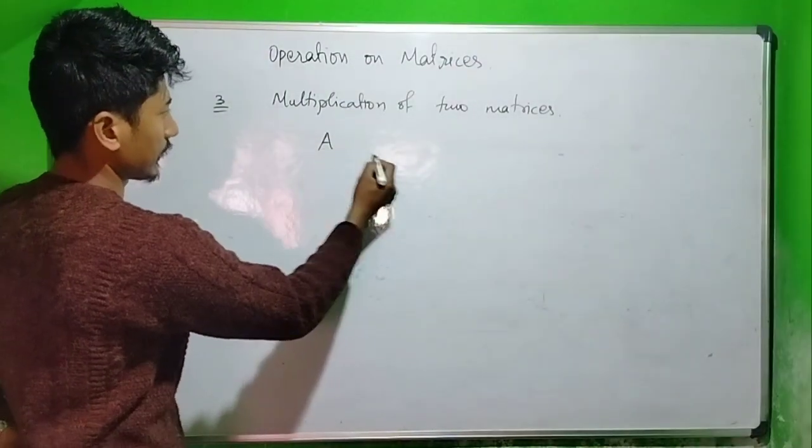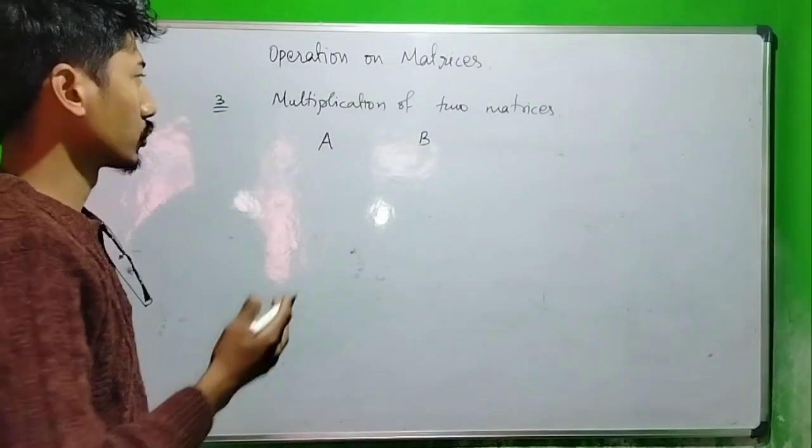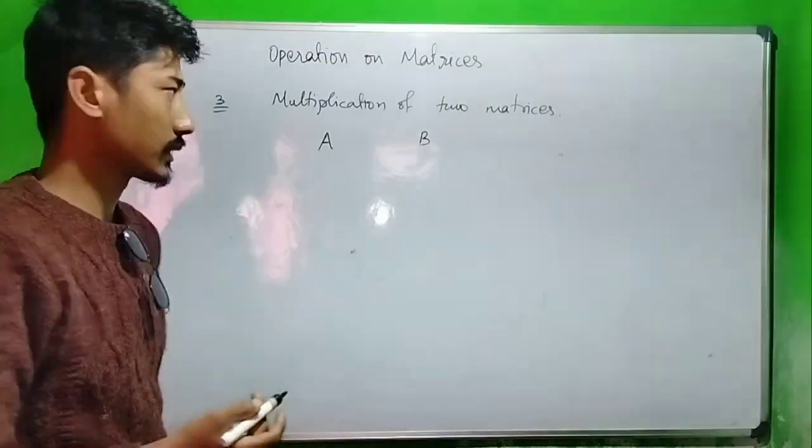Let us take two matrices A and B. There are conditions to multiply these two matrices.